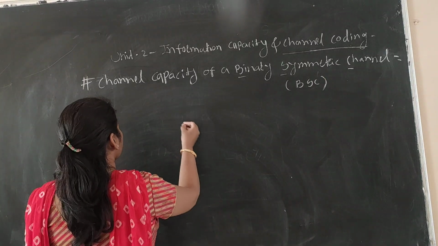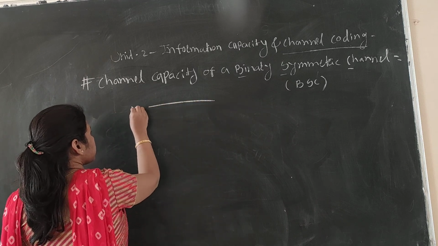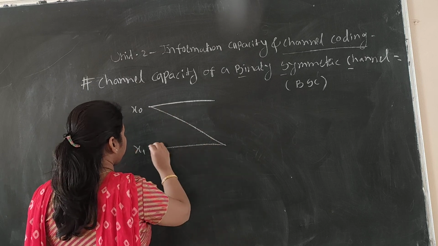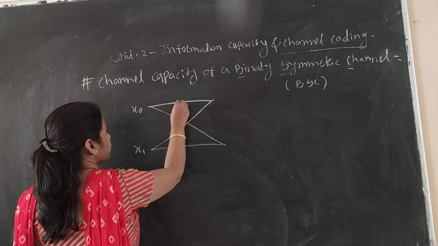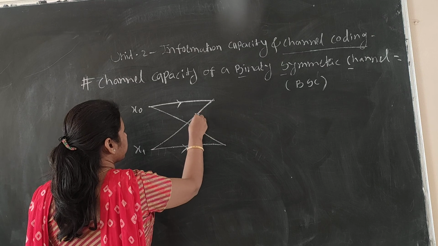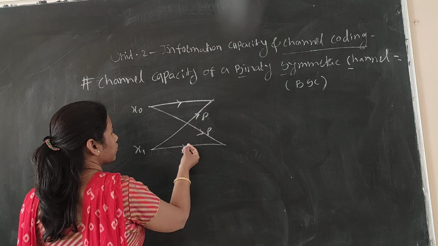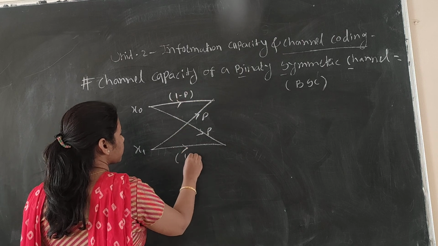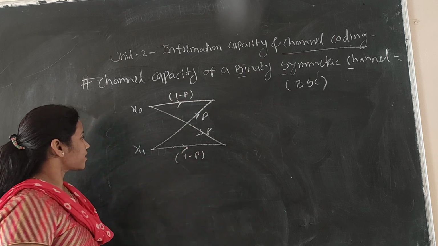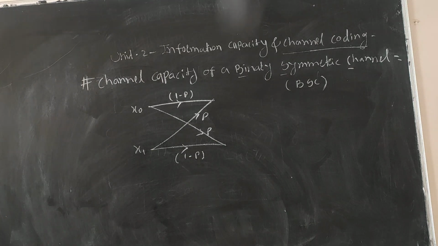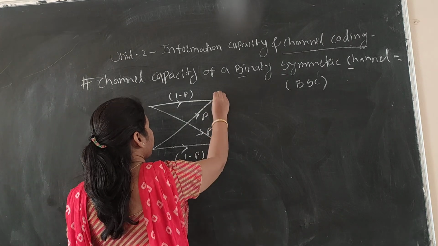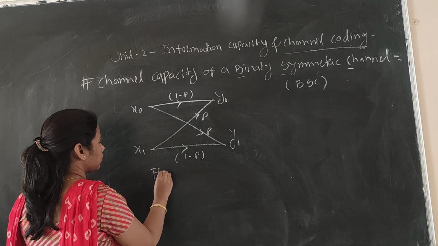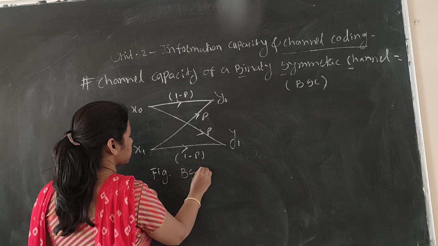For this, we have to see the diagram with x0 and x1 at the input, with probabilities p and 1 minus p, and at the output side we have y0 and y1. This is the figure for the binary symmetric channel BSC.